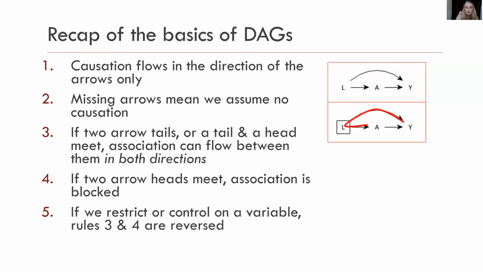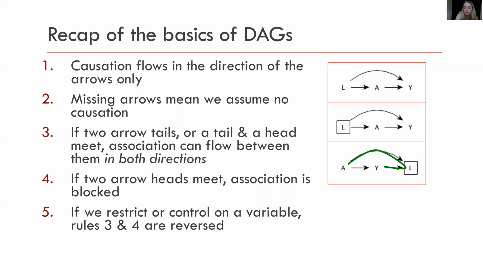If we have two arrow tails meeting, then we're assuming that association can flow in both directions between those. And that's a fork situation where we can potentially have spurious confounding if we don't condition. If two arrowheads meet, then association is blocked between them.